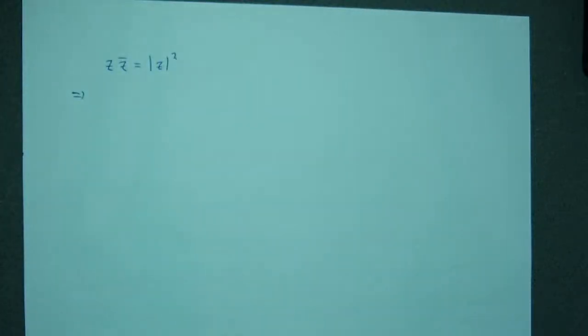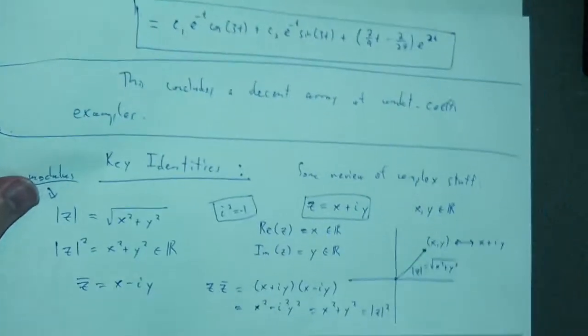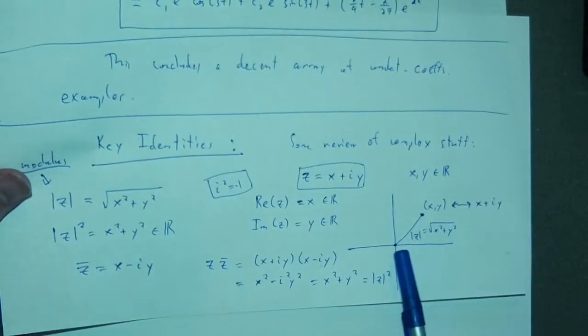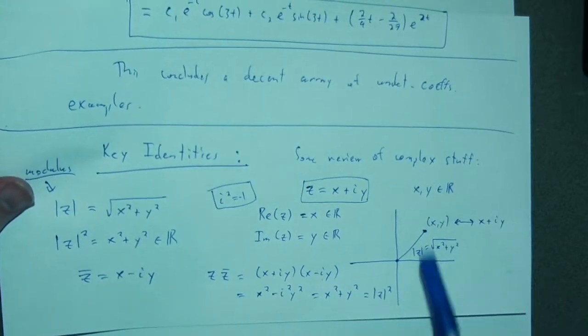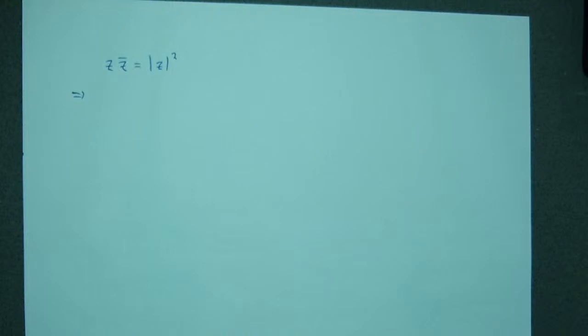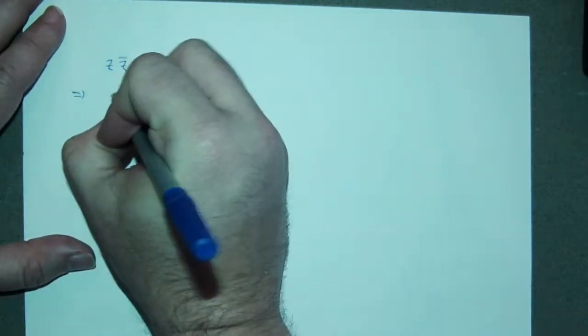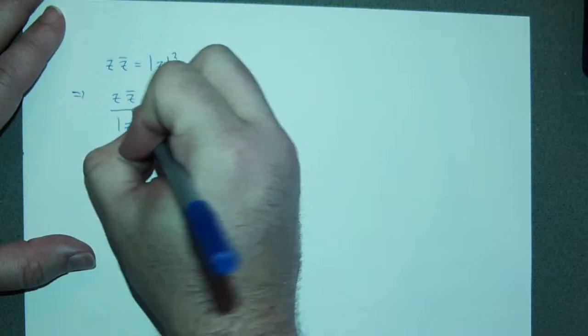So I can divide by it, so long as it's not 0. The only time it's 0 is when this is the origin, so let's say we're not talking about that. For any other point, this distance is a positive real number. Let's divide by it. Then z times z bar divided by the modulus of z squared is equal to 1.